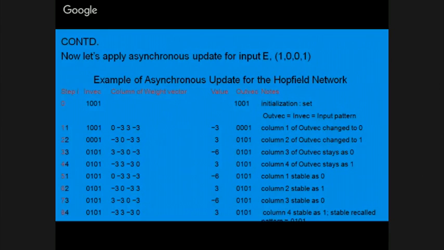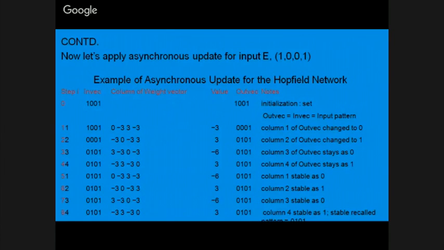When we apply the threshold function to minus 3, the output of the first neuron is 0. So now the output vector at this moment is 0, 0, 0, 1. This becomes the input vector in the next step. So in step 2, the input vector is 0, 0, 0, 1.